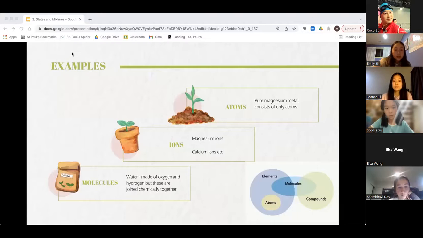Here are some examples of atoms, ions, and molecules. An atom is basically just an element from the periodic table, like magnesium or calcium, only the atoms themselves. They don't have any charge, like magnesium metal. If it's pure, then it'll consist only of atoms.